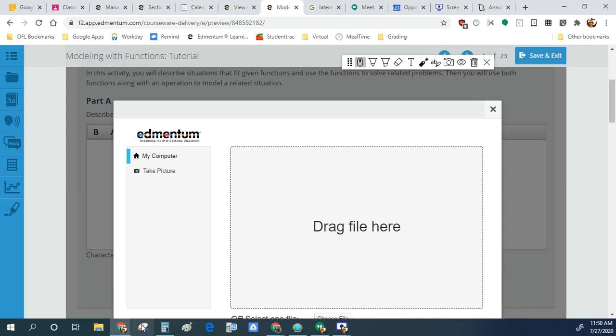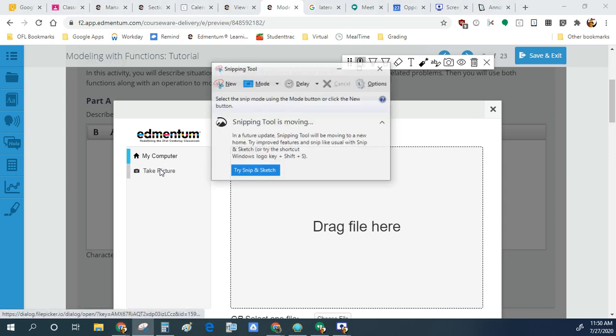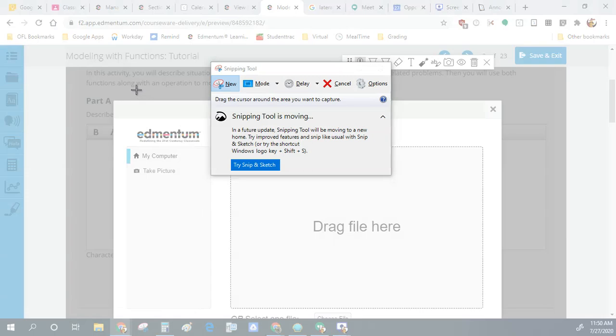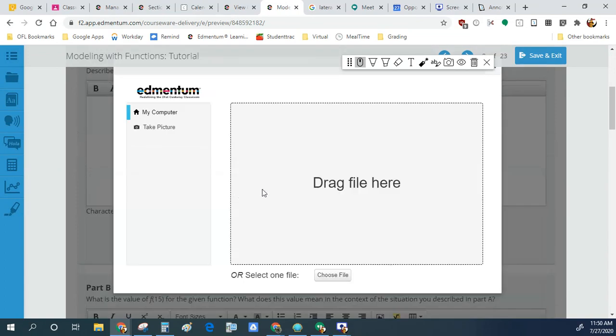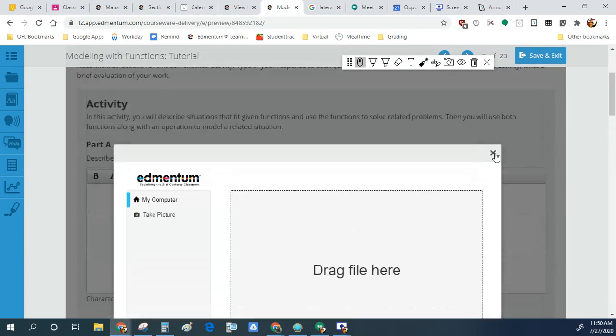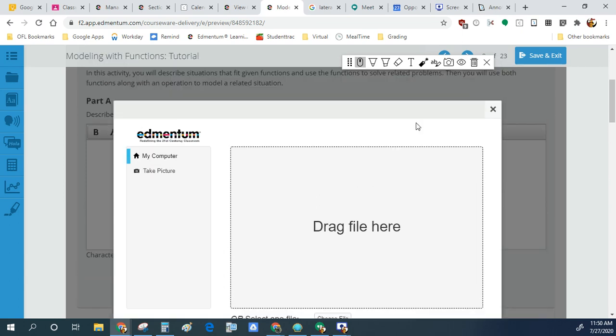Do screenshots work? Oh yeah, I've done that before too. I think it's not working because I'm not a student, so it's not letting me submit. Next time I will be under a student account, so I can show you guys how to do this.